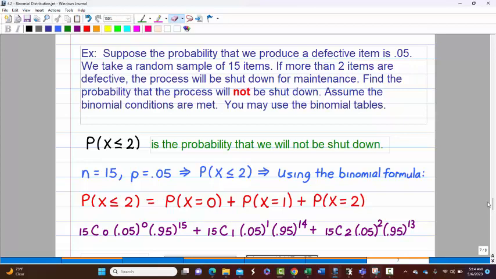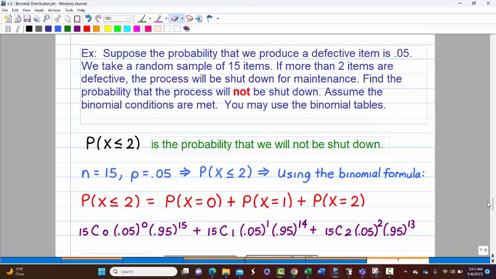But anyway, we take 15, so somebody's coming in and looking at our business, maybe corporate's coming in here. If more than 2 items are defective, the process will be shut down for maintenance. So we want to find the probability the process will not be shut down. The best way to do this is to look at it as not being shut down.